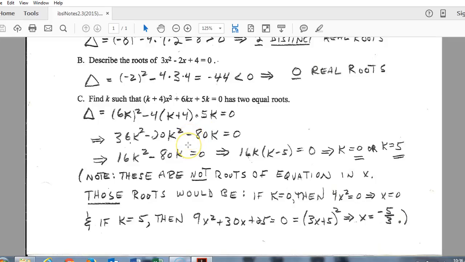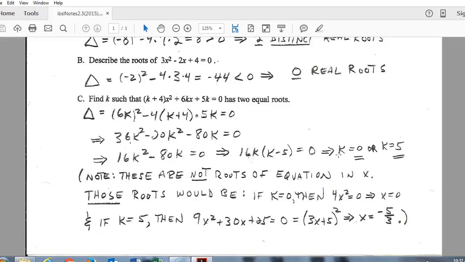So you're looking at a quadratic, you're just solving that with any of our methods for solving, factoring in this case. So you can see based on this factoring process that k could either equal 0 or positive 5. Either one of those answers or both of those answers would be accepted. So 0 or 5 would be our two solutions for k.